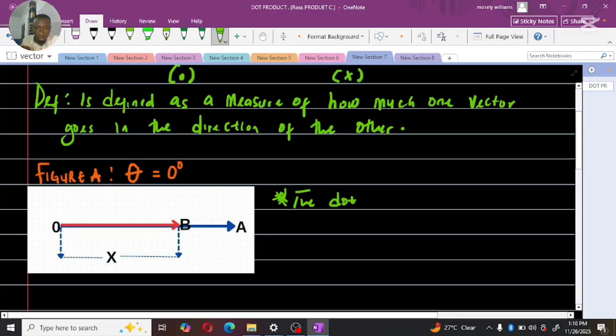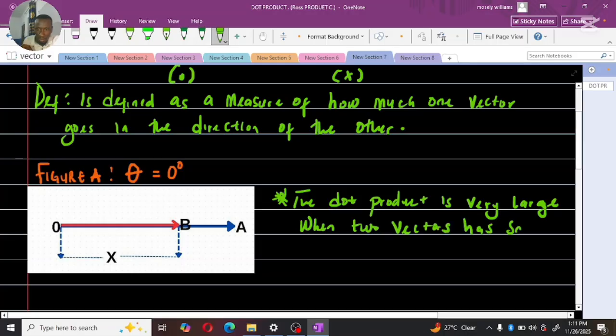Dot product is very large when two vectors have the same intention. But here we call it direction. They are moving towards the same direction.